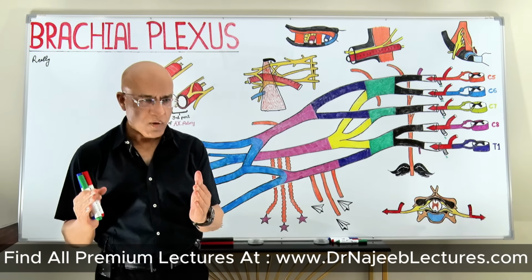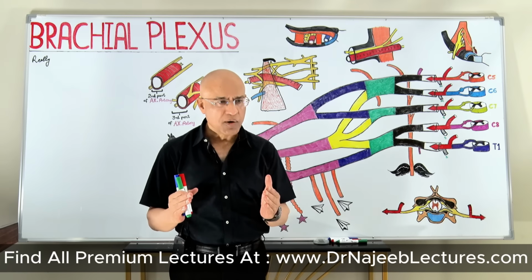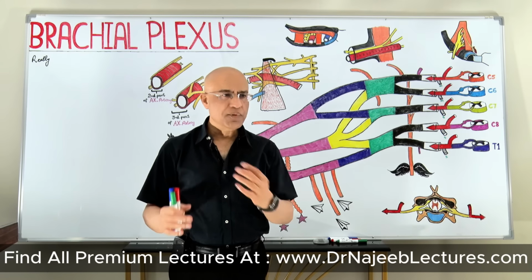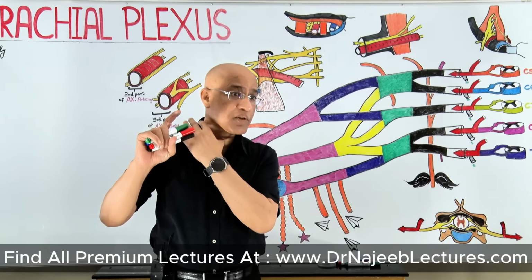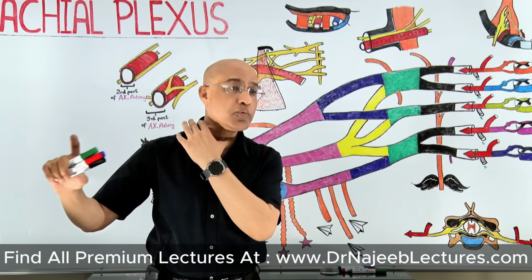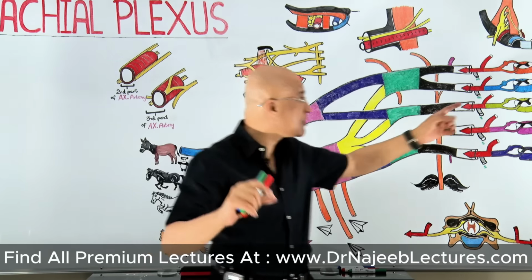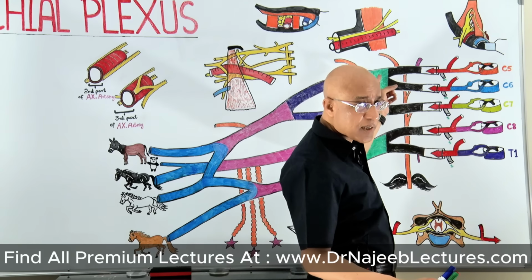The first thing is, what is the brachial plexus? The brachial plexus is a network of nerves, right, which originate from the neck, from the spinal cord. From which segments of the spinal cord do fibers enter into the brachial plexus?